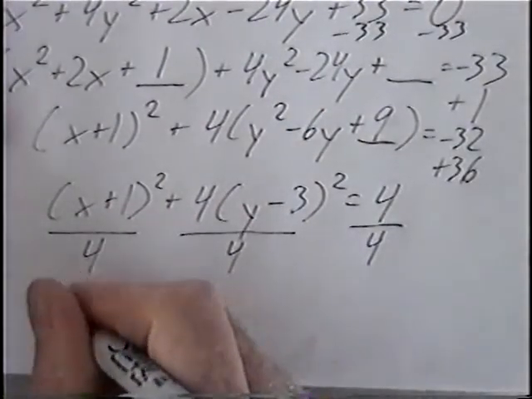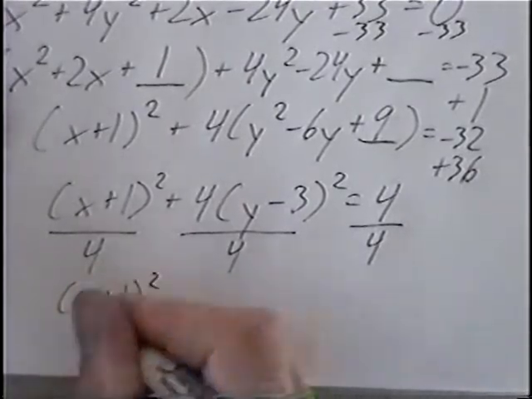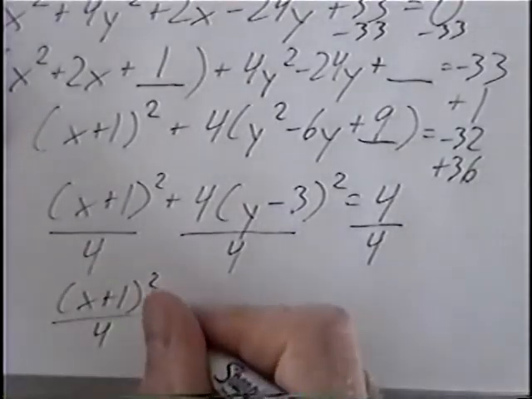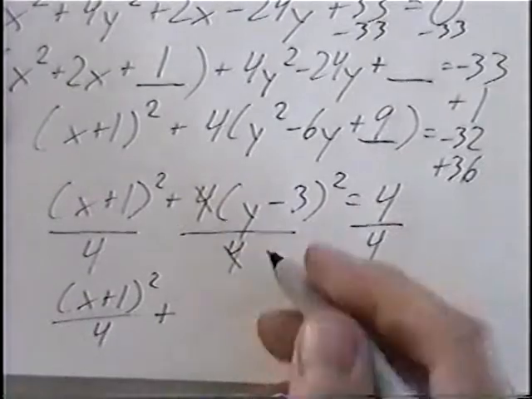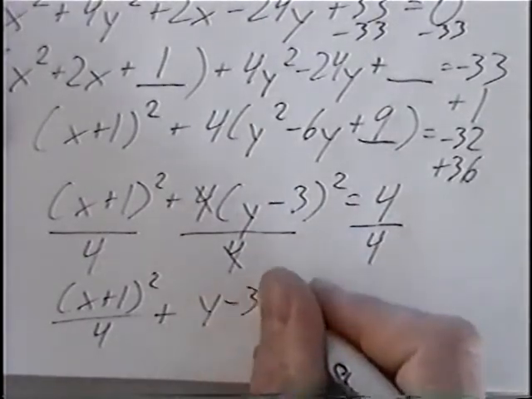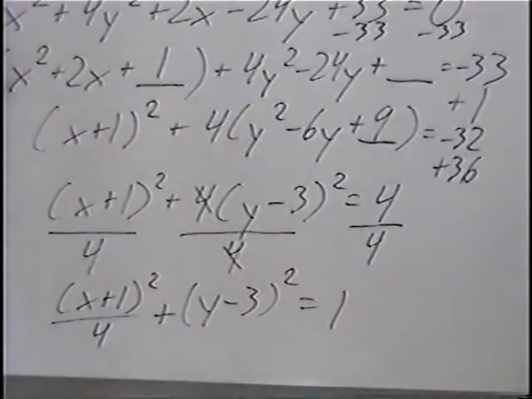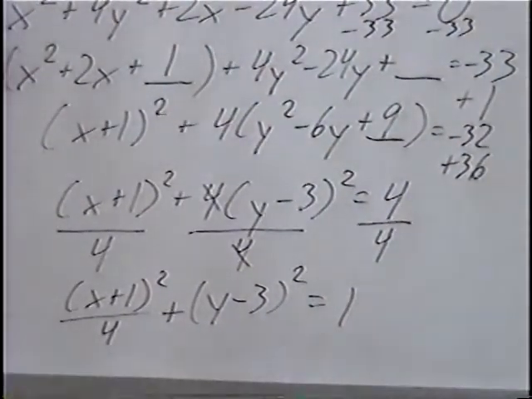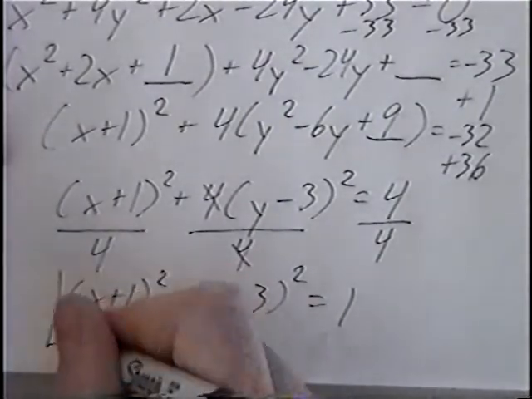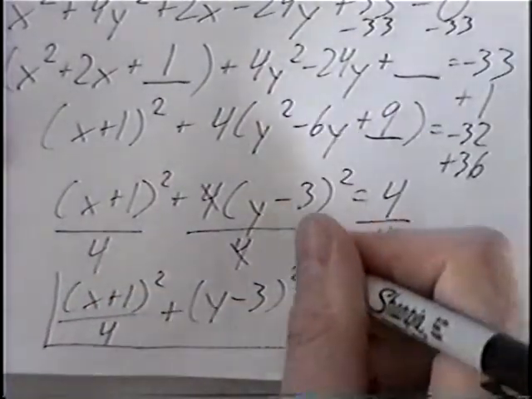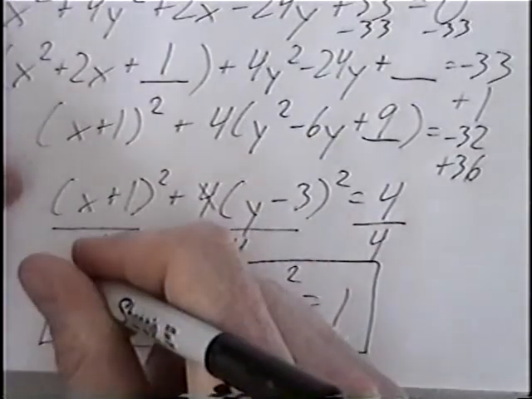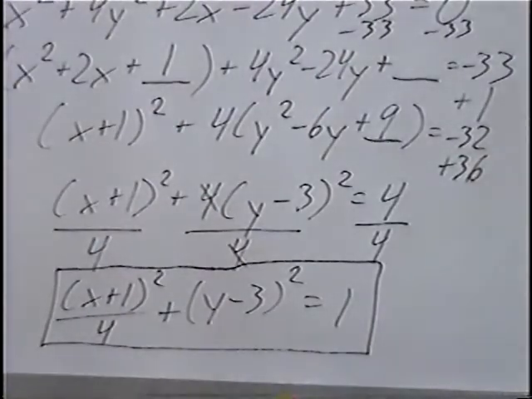So for our final answer, we'll have x plus 1 squared over 4, plus, these 4's would cancel, so we'll have y minus 3 squared, equals 1. Looking at this equation, this would be the standard form for an ellipse. So this would be the answer to the factored equation, which is the standard form for an ellipse.